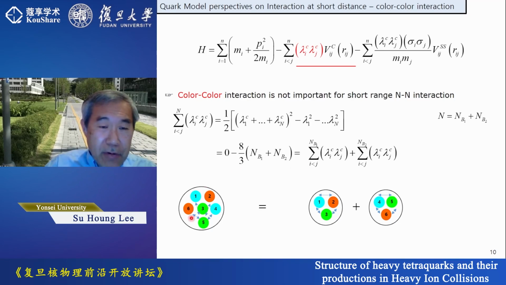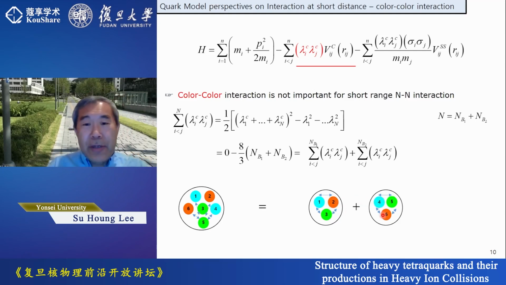But the number of quarks in the total configuration is just the number of quarks in the individual baryons, the two baryons. So what that means is this color factor is just the color factor within these two baryons separately, and there is no color contribution coming from one quark in this baryon and one quark in the other baryon.